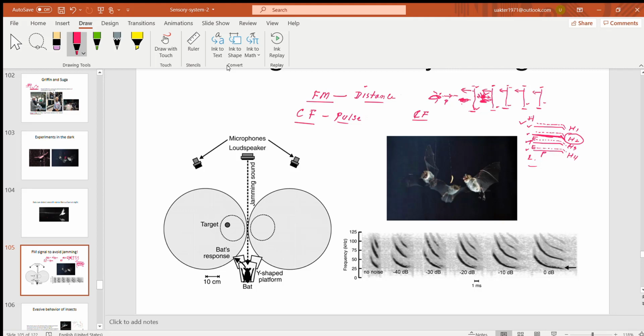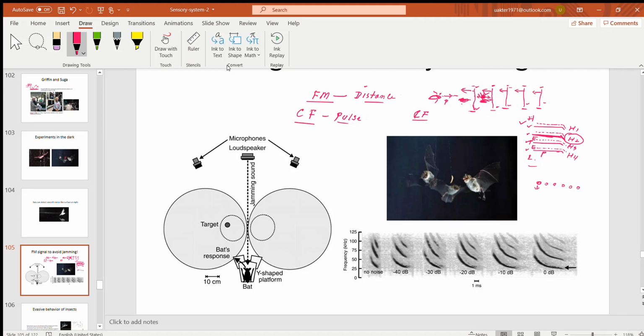Now, inside the laboratory, there are many ways you can study the neurons sensitive to different harmonics of pulse and echo, and very systematically you will find the neurons. Like you have the neurons that are sensitive to specific pulse and echo difference.